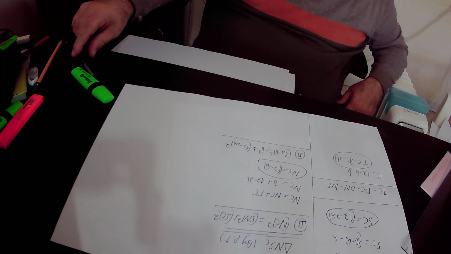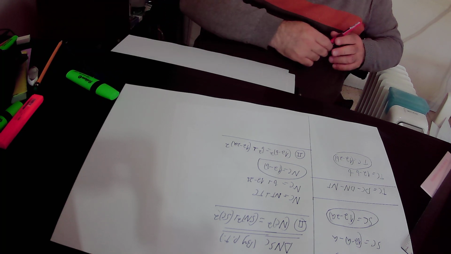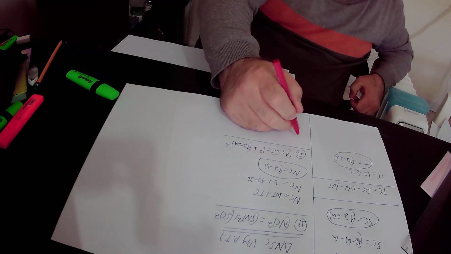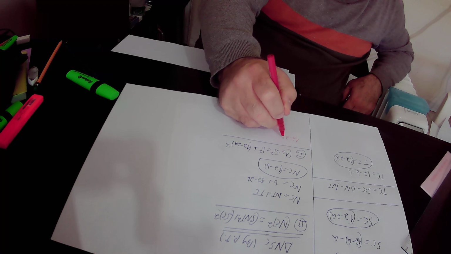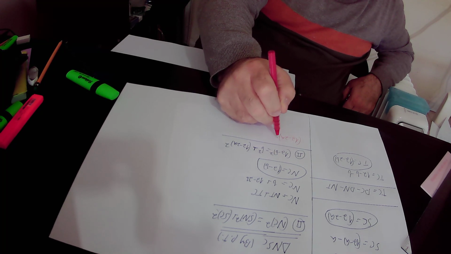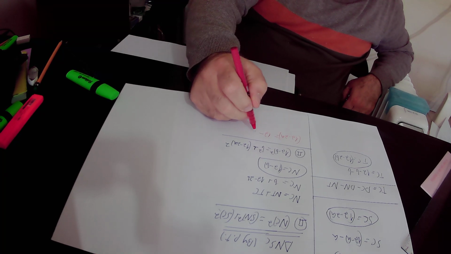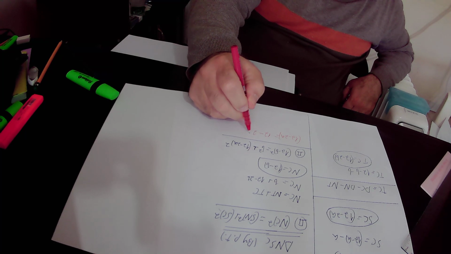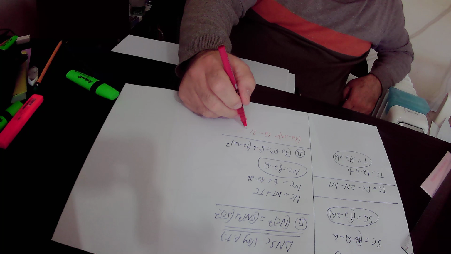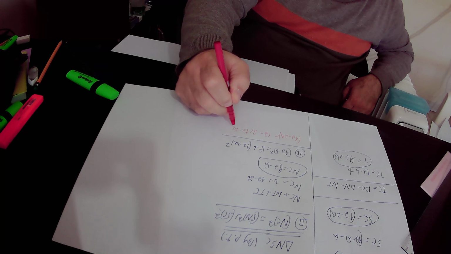Here, 12 minus 2A will be equal to 12 minus 2 times A, and we have already found out that A equals 12 minus 6 times square root of 2.